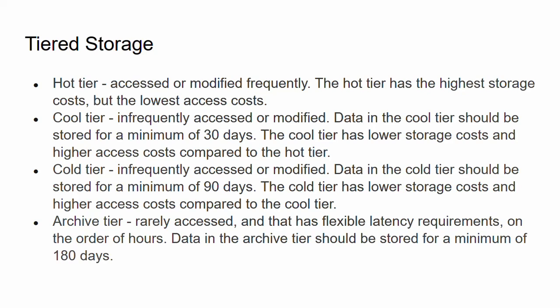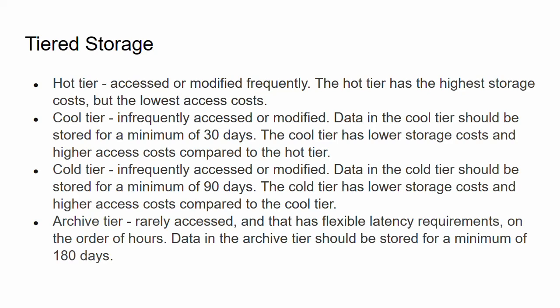Archived data are rarely accessed, and it has a flexibility of latency requirements on the order of hours, which means if you want to retrieve those, you cannot retrieve them immediately, but within like 15 hours. Microsoft promised they will give you that within 15 hours, but not immediate access, because it takes them some time to go back to the data volume and read it out, right?